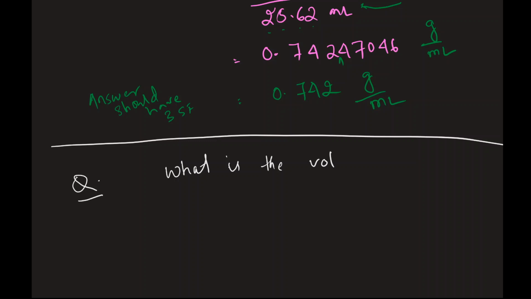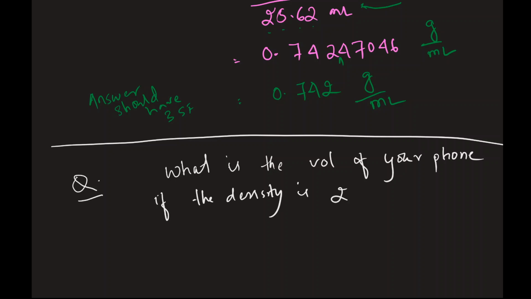What is the volume of your phone if the density of your phone is, this is just a random number, guys, 20, it's going to be an insane number, and the mass is, what do you want to say, 25.